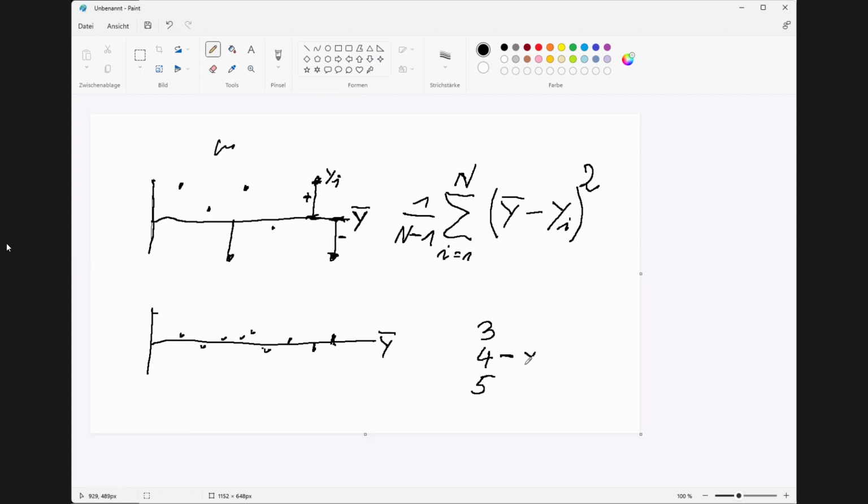The middle is the mean. The difference to this one is 1. The difference to this one is 1. The mean over the differences is 1. When you power by 2, by the way, it's also 1. The mean is 1. When you take the root from everything, it's also 1.